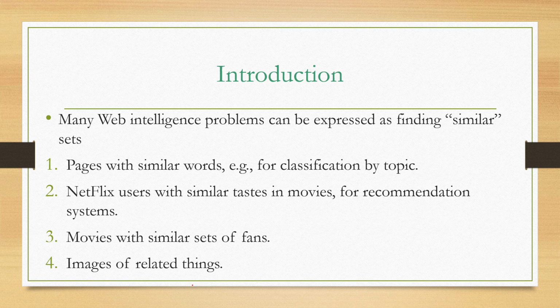So if we have a category, say food, and inside food we have a category of cold drinks, then we may also get some results which are close enough to cold drink. So all these things might be useful when we are trying to find out similar documents or similar sets.